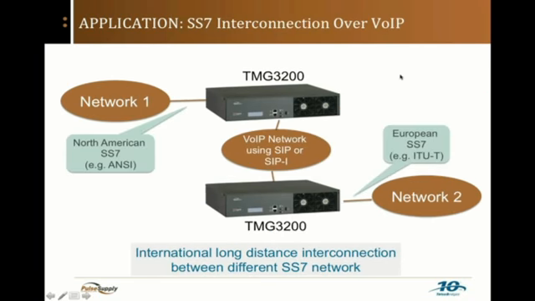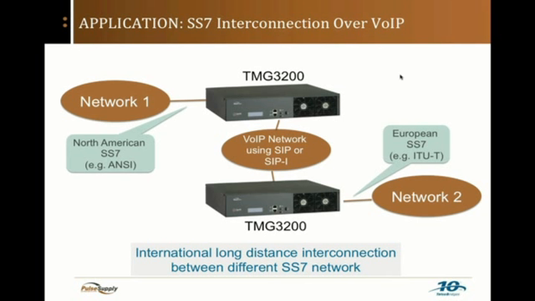And finally, here as a last example of an application, this involves the interconnection of two SS7 networks that are, say, possibly located in different countries. Network 1, Network 2. In this case here, I'm showing Network 1 uses a North American SS7 variant, and Network 2 uses a European SS7 variant. Let's say, for example, Network 1 is located in the USA, Network 2 is located somewhere in Europe, and we're using an IP network in between to interconnect these networks.